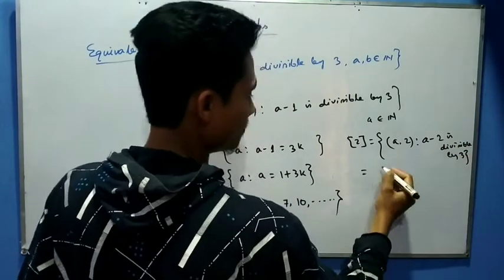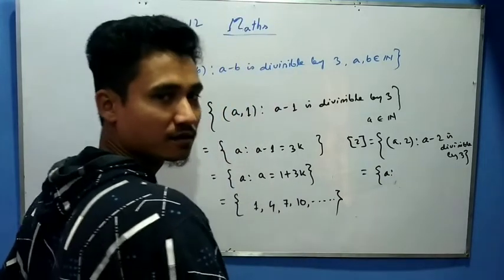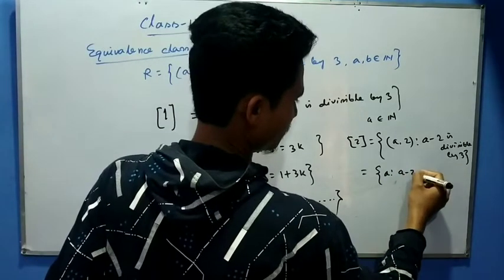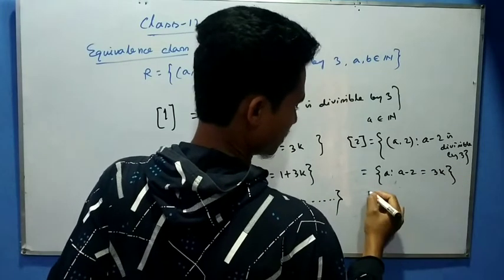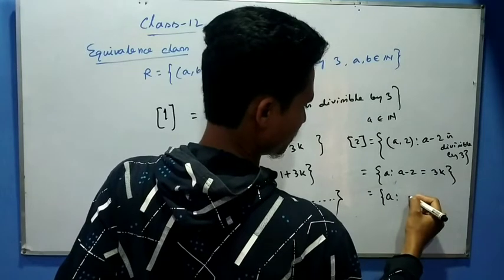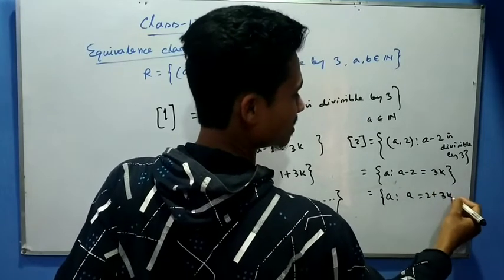Meaning, what are the values of a such that a minus 2 is divisible by 3, which again means thrice k. Now a such that a equals 2 plus 3k.